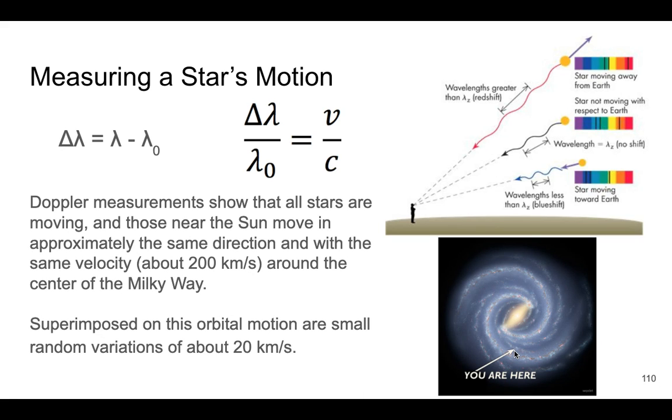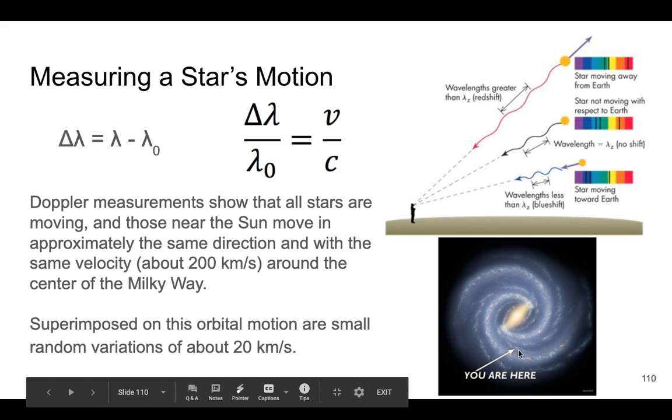Most stars near us are going around, I guess we're going around this way, at about 200 kilometers per second around the center of the Milky Way like that. So they're not all moving in lockstep. There is a separate motion on top of that of about 20 kilometers per second.